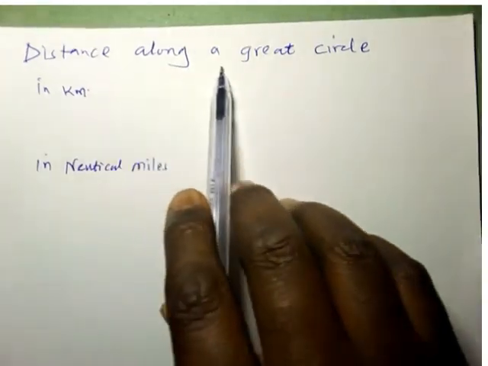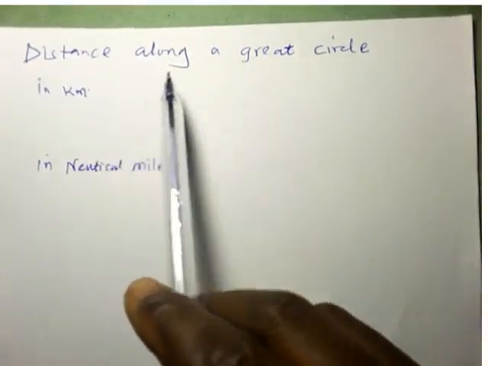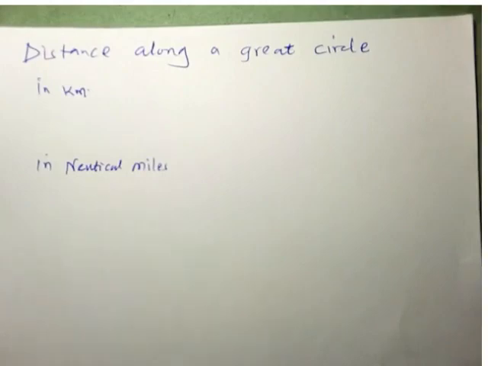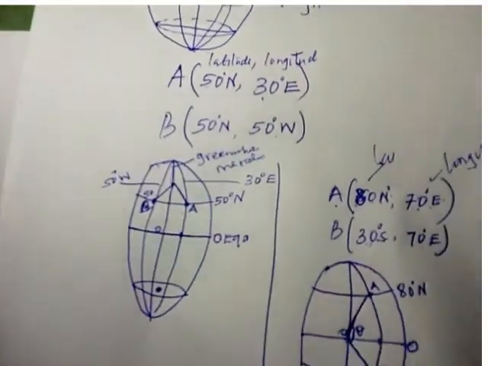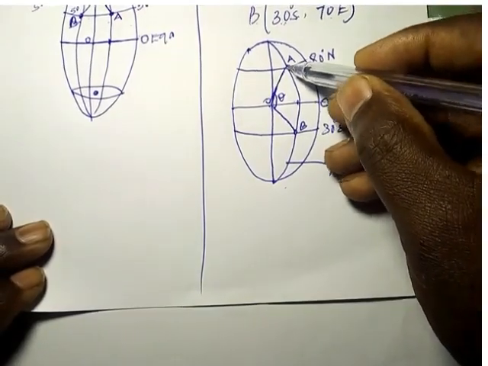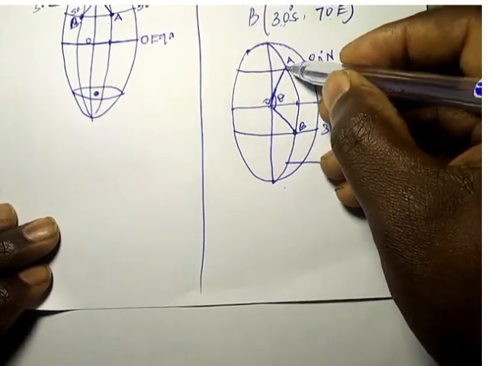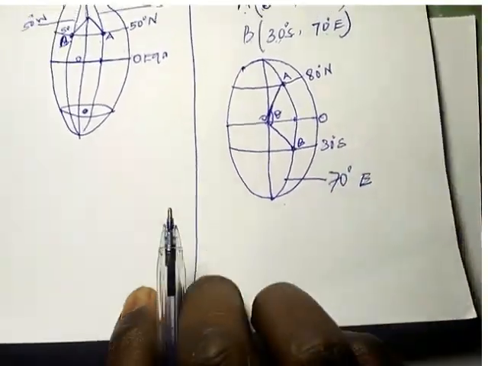So distance along a great circle. We can calculate the distance along a great circle in kilometers and in nautical miles. But how do we calculate the distance? For example, the distance from A to B is the arc length of this point A and this one. How do we calculate the arc length?